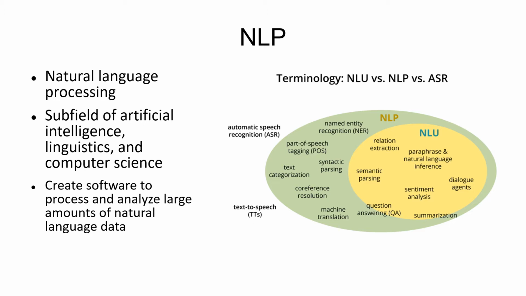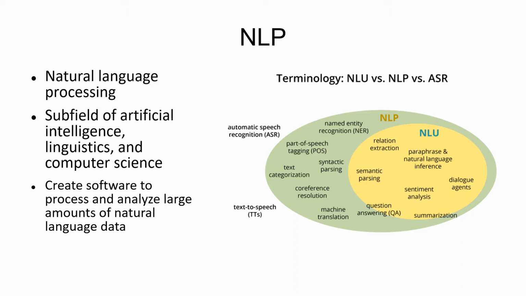The result is a computer capable of understanding the content of documents, including the language contextual nuance. The technology can then accurately extract information and insights contained in documents and categorize and organize the documents themselves.